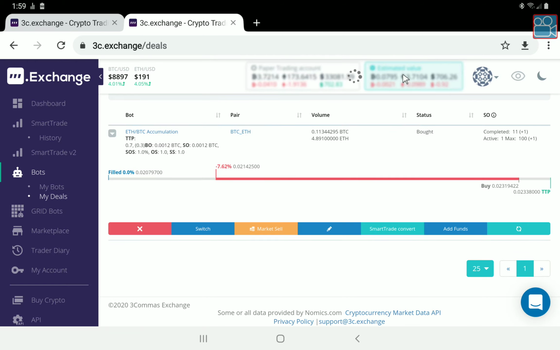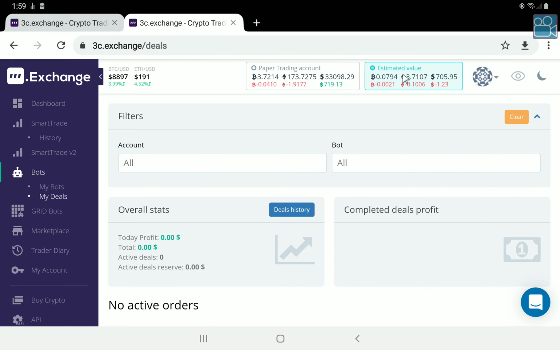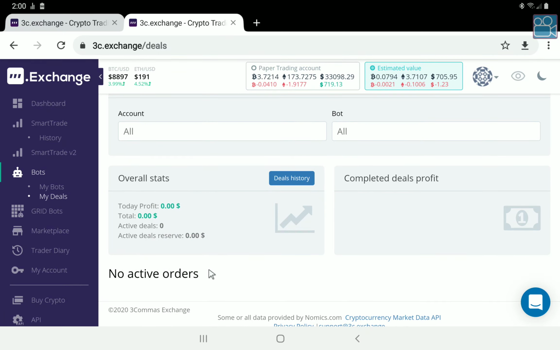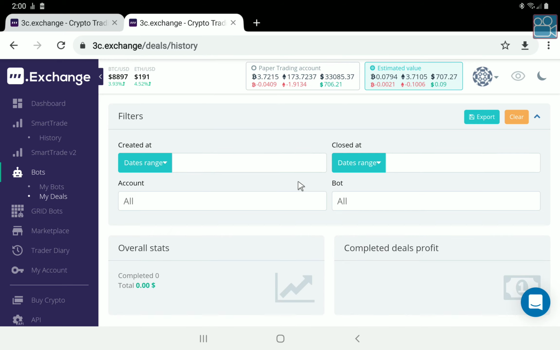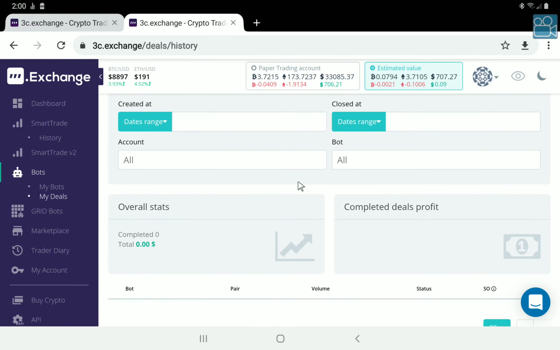Okay, now let's go to my real money account. Yes, this is real money. Actual real money. I don't have anything in it because I actually sold off this morning. And I just got to figure out where I put it.